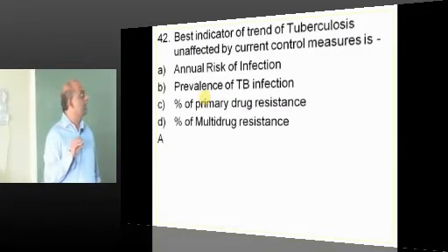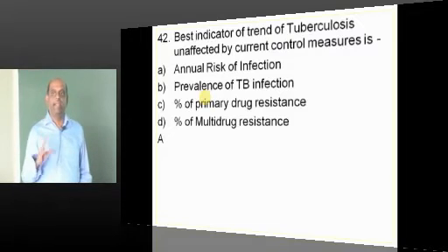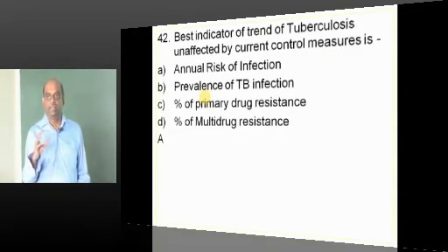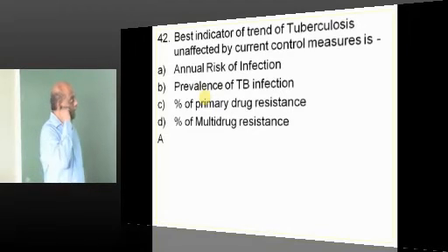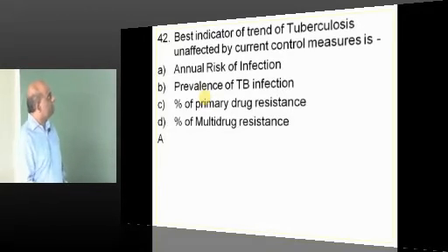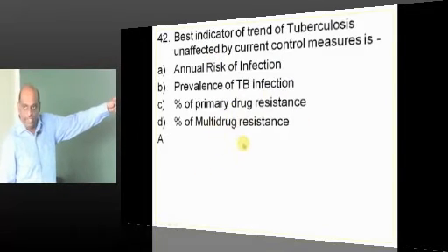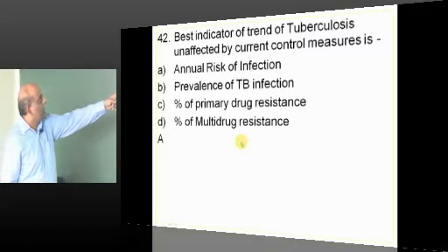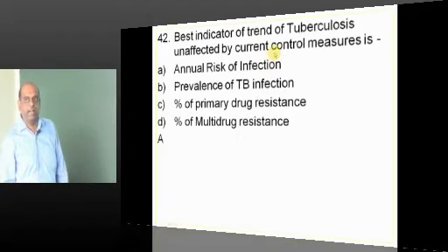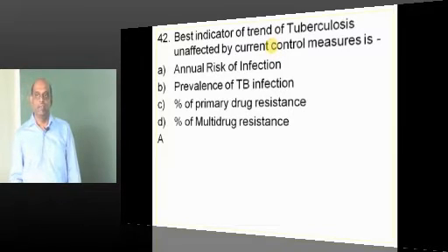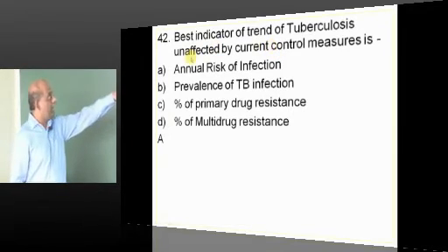The question is, what is the best indicator which is unaffected by the current control measures? We are not asking about the number of multi-drug resistance cases. If you take them as a percentage, will it not reflect anything about the current control measures? That is why it is not affected by current control measures, sir.